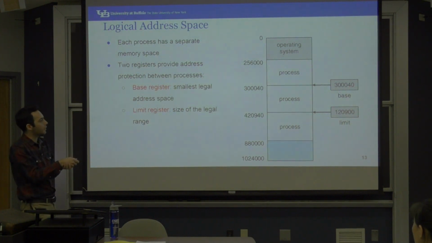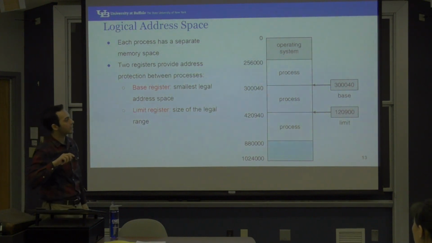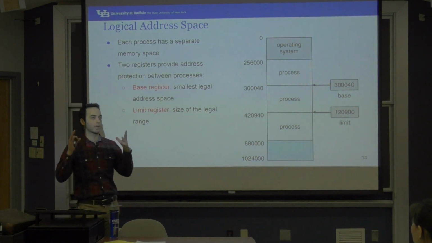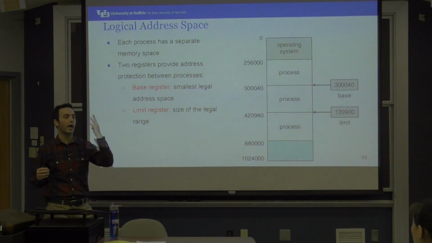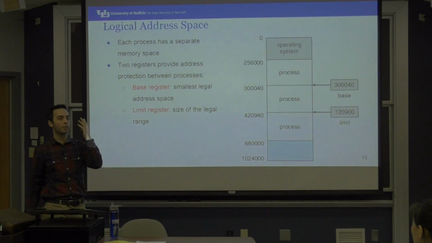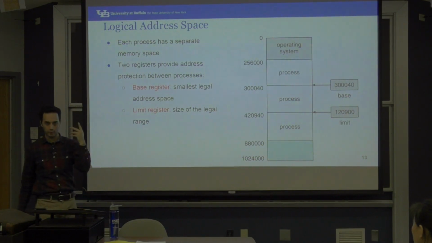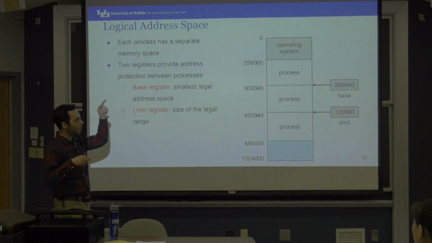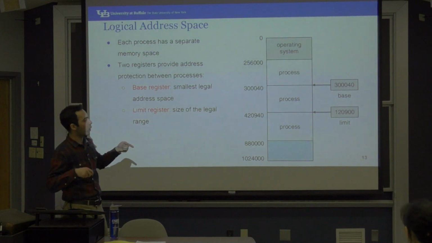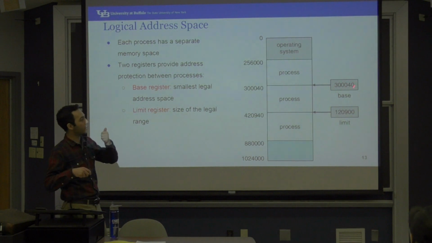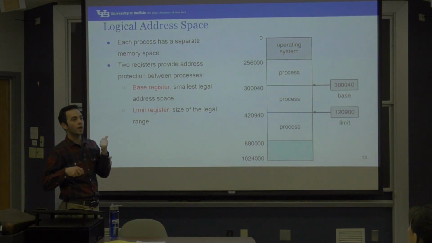So the operating system checks the process and knows that this process wants 4 megabytes of memory, and it is only supposed to use addresses between 0 and 4 megabytes. So I'm going to look for an available hole in the memory space, and okay, I found it here. I'm going to load the process here and then set the base register for this process at this number.